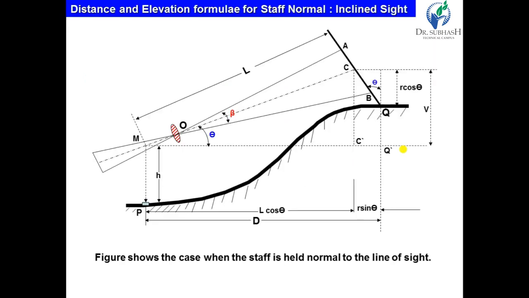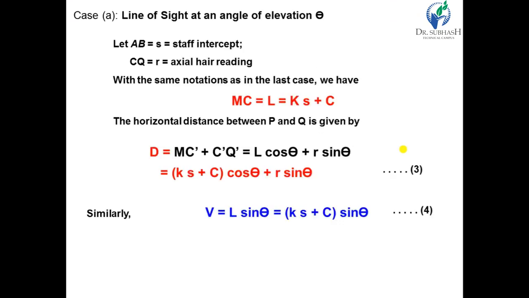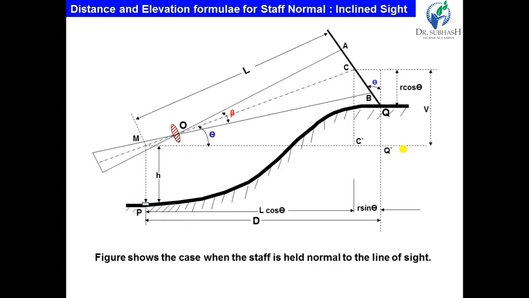Now the next case is the distance and elevation formula for staff normal and line of sight inclined. Line of sight at an angle of elevation theta. That is, the angle of elevation is theta and the line of sight is inclined, right?